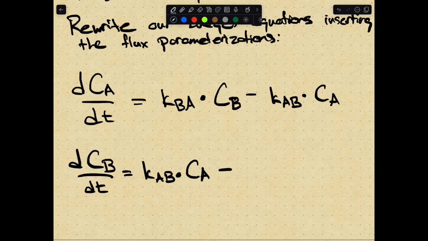What goes out as ecosystem respiration or biomass burning, that's just this term here, K_BA times C_B.